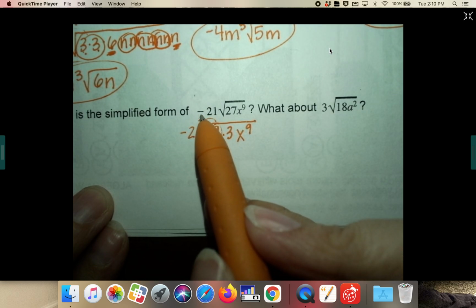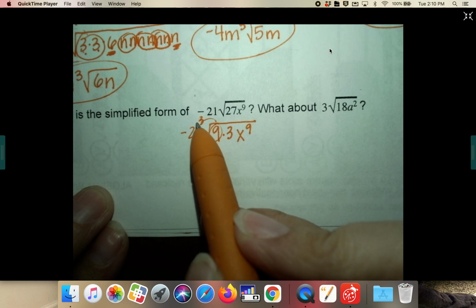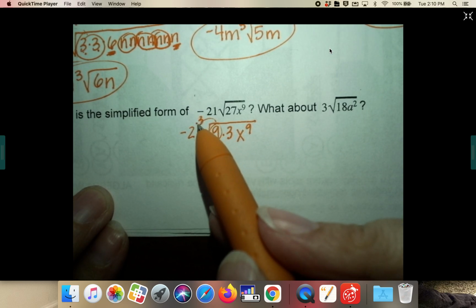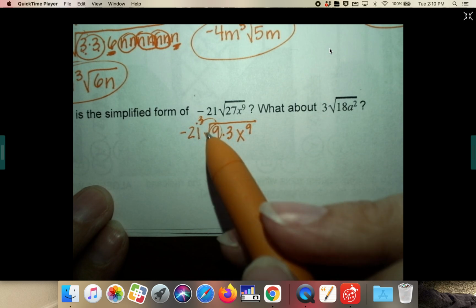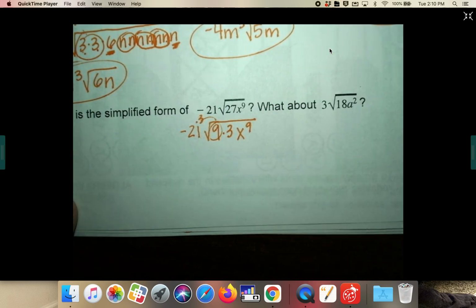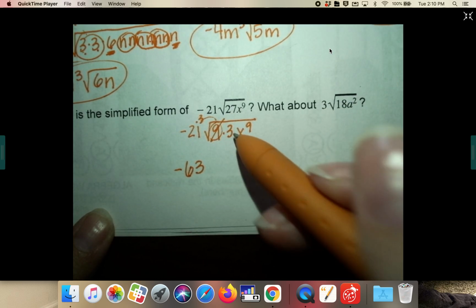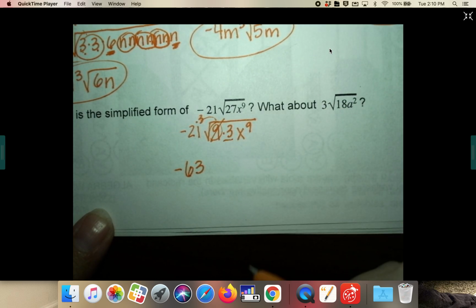When you pull out this 3, the negative 21 that's out here is going to get multiplied by it. This little squishing them together means multiply. So negative 21 times 3 is negative 63. Okay, done with that. The 3 is going to be lonely and going to have to stay inside.